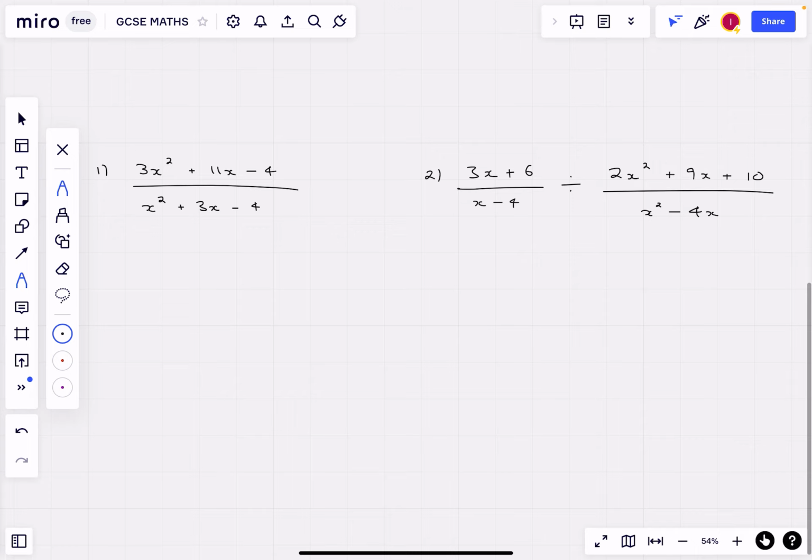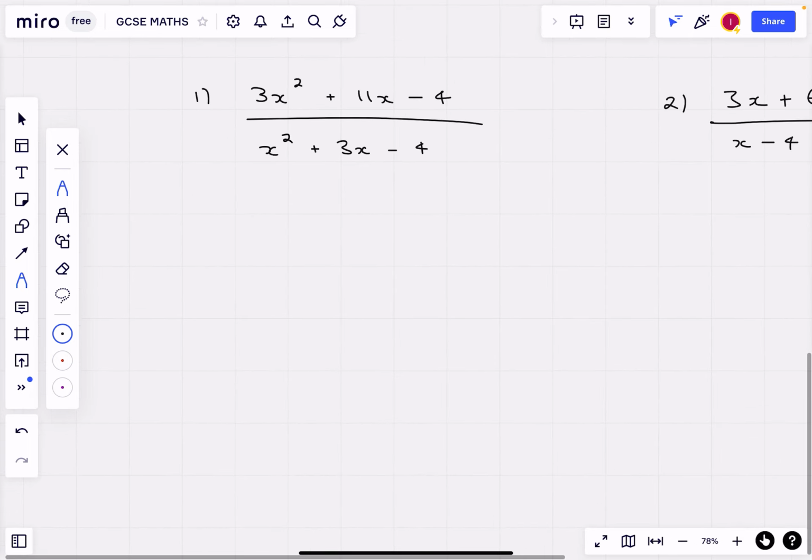Okay, let's do question 1. When you factorize this, if you remember, we do 3 times minus 4 to give us minus 12. And then two numbers that multiply to give minus 12, but add to give 11, which is our middle number.